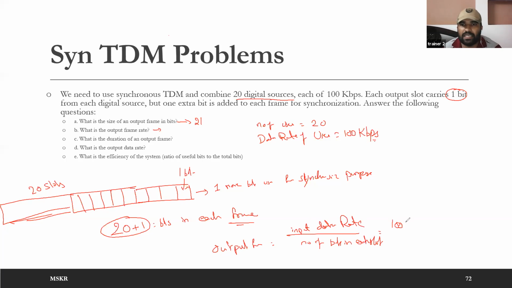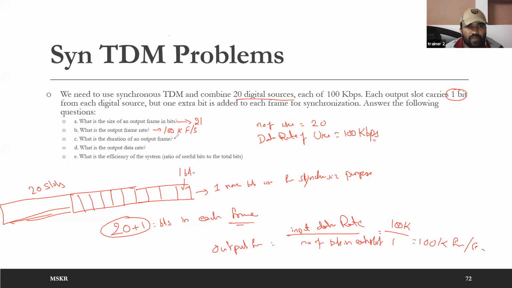So 100k by 1, that is 100 kilo frames per second.